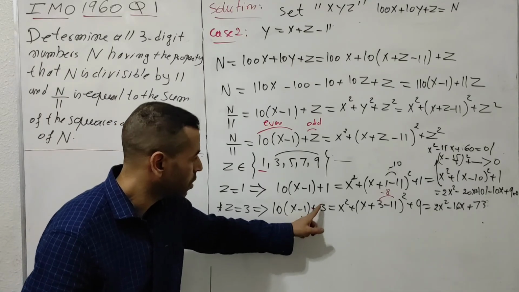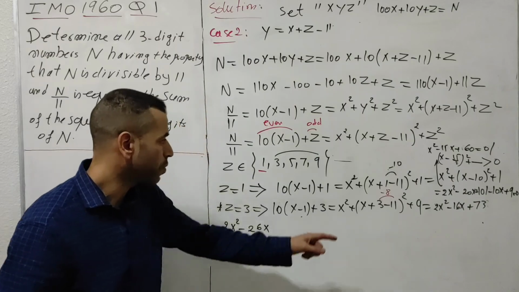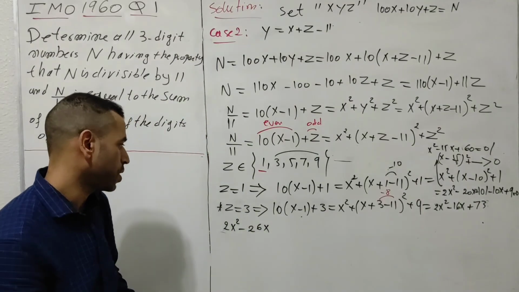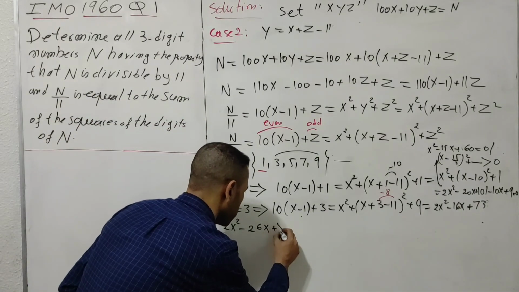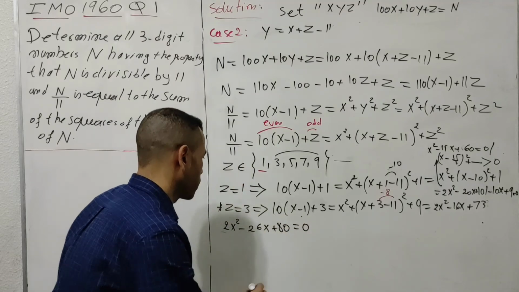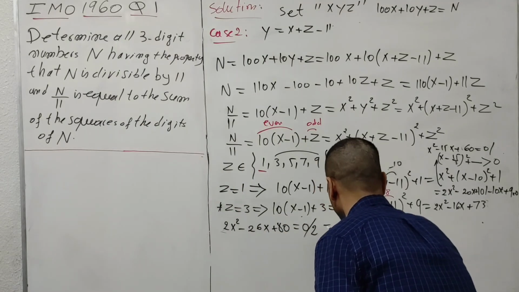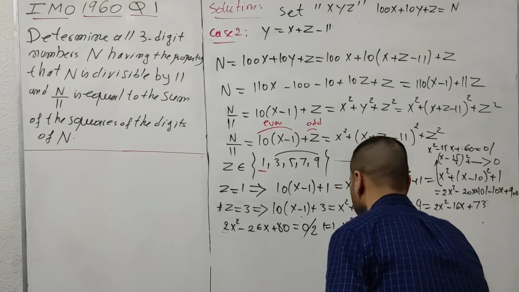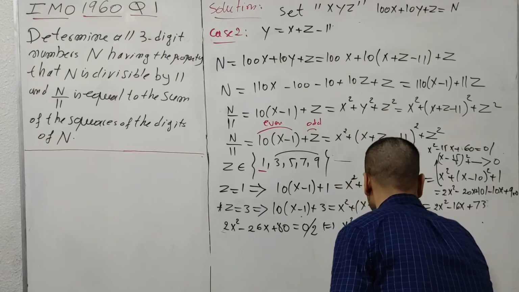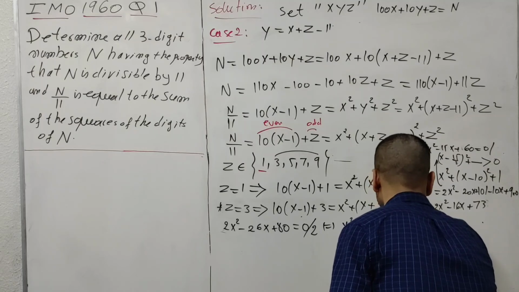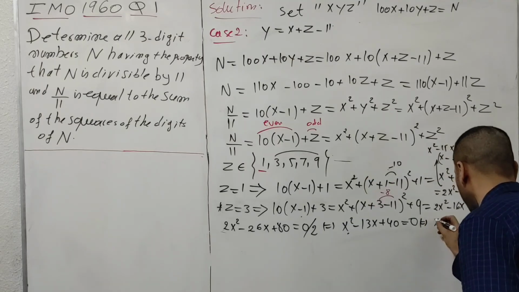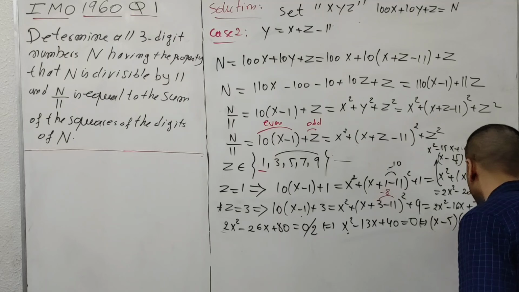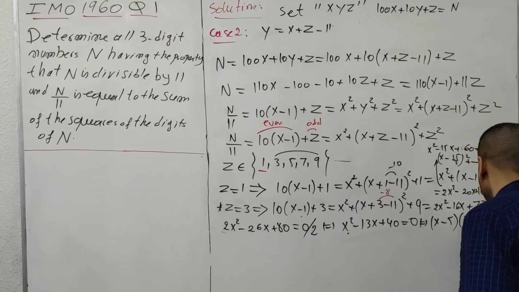Moving this minus 7 to the other side becomes plus 7, plus 73, which is plus 80, equal to 0. Dividing both sides by 2, I will get x squared minus 13x plus 40 equal to 0. When you calculate this, you find x minus 5 multiplied by x minus 8 equal to 0.